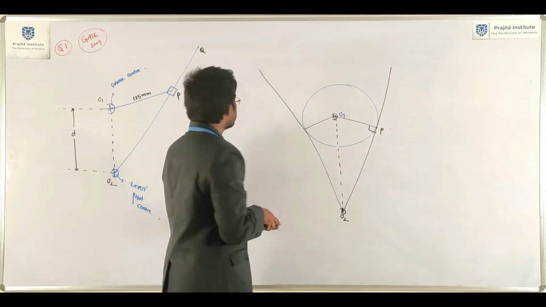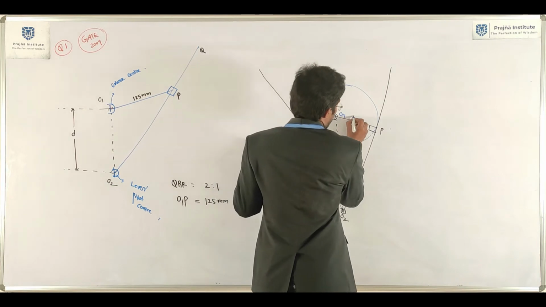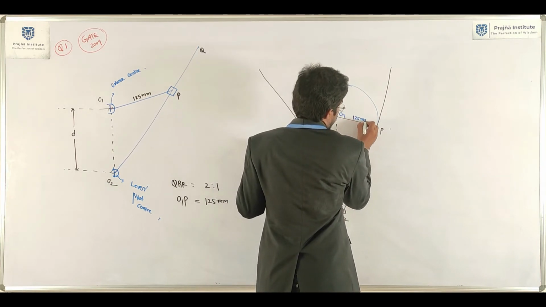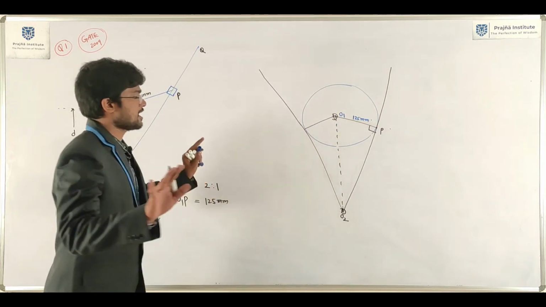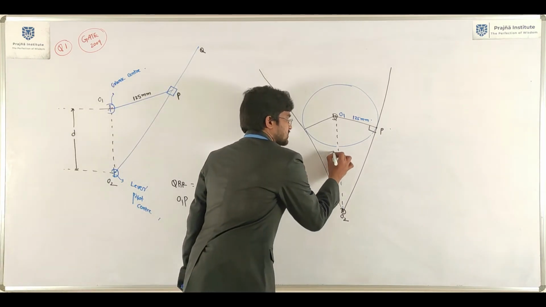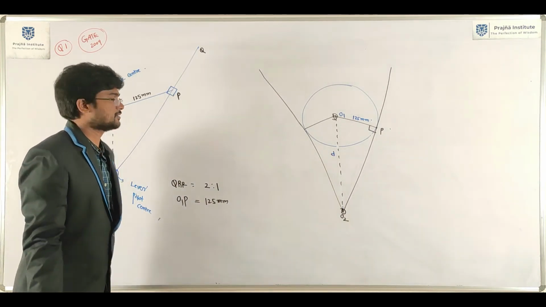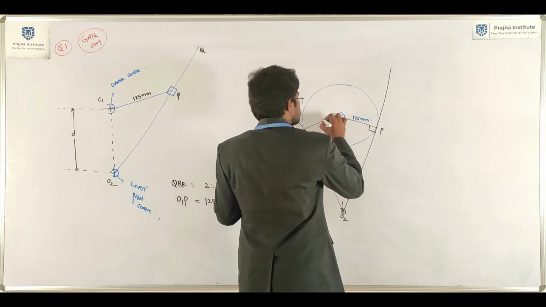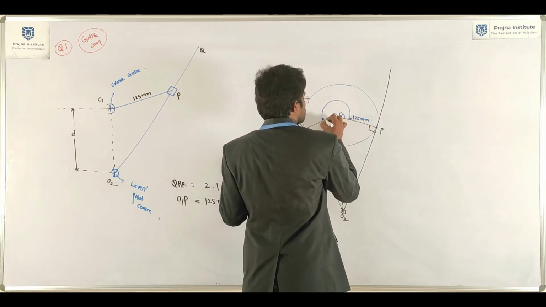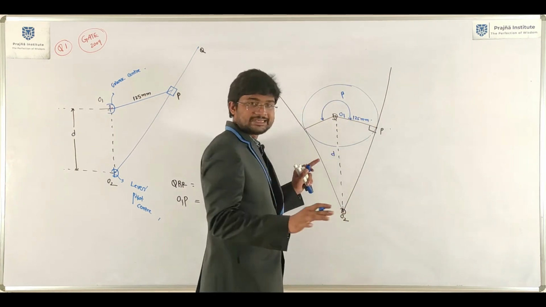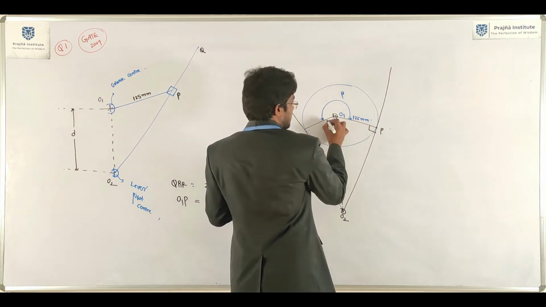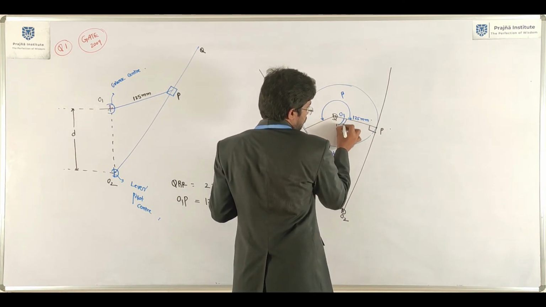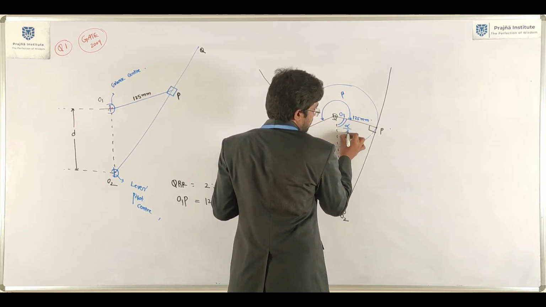So O1P is given as 125 mm. They are asking the magnitude of D. We already know this particular angle is beta, the return angle. That means from here to here it is alpha by 2.